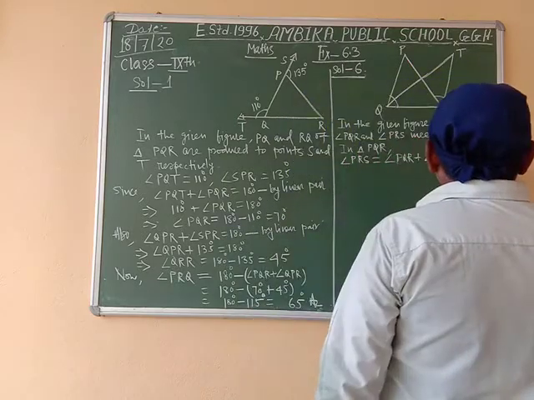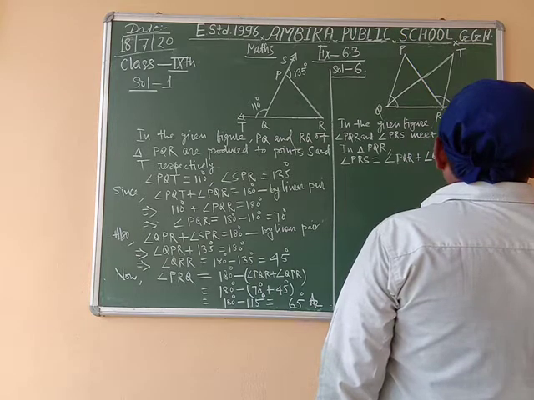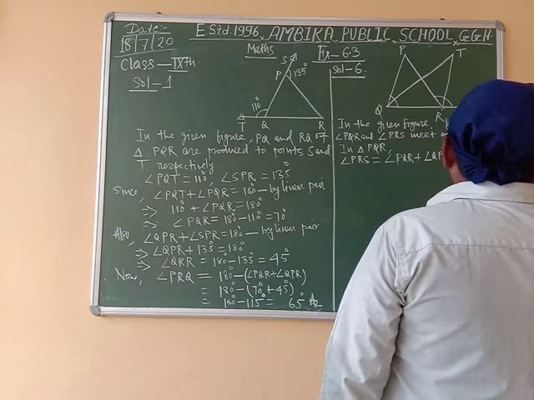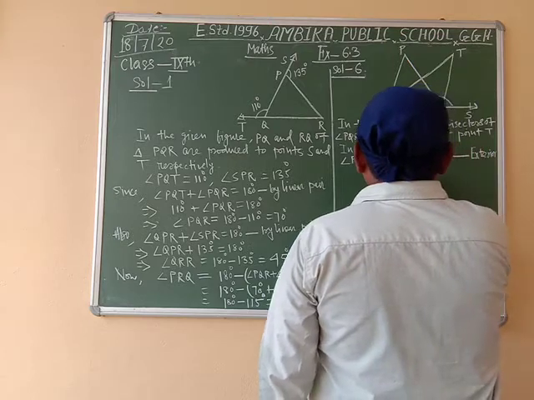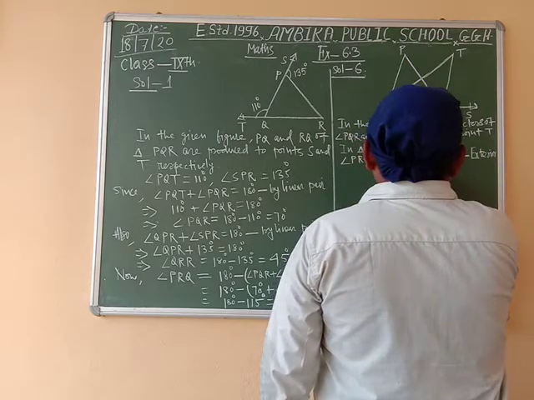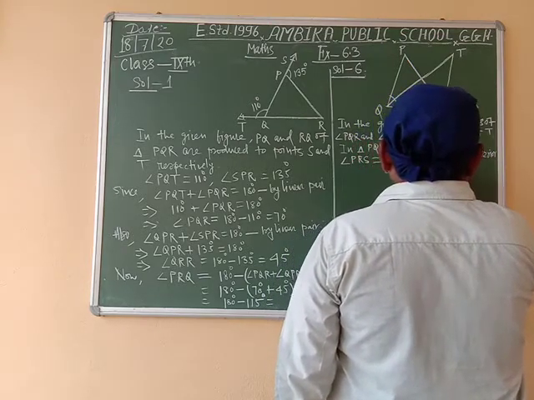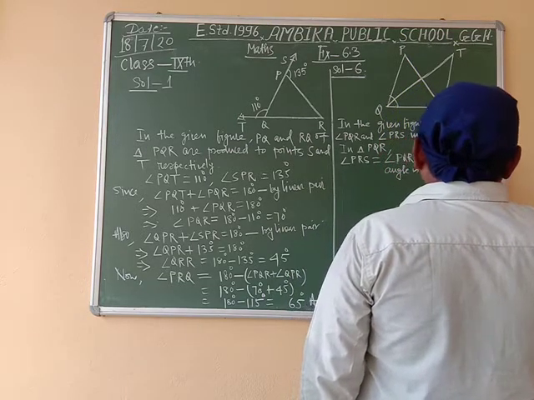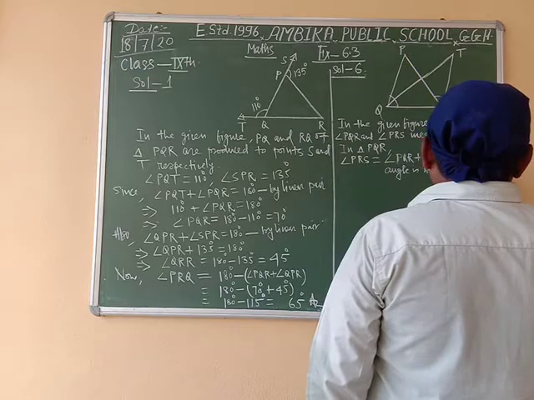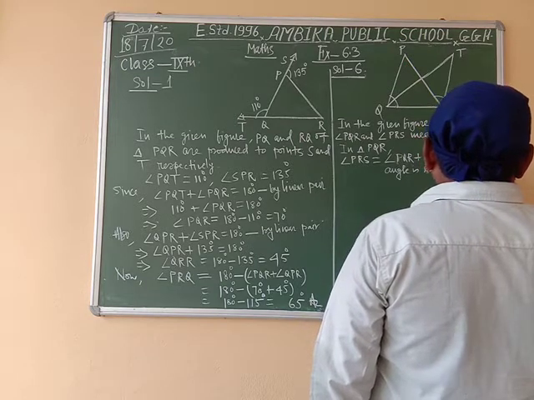An exterior angle is the sum of the two interior opposite angles.